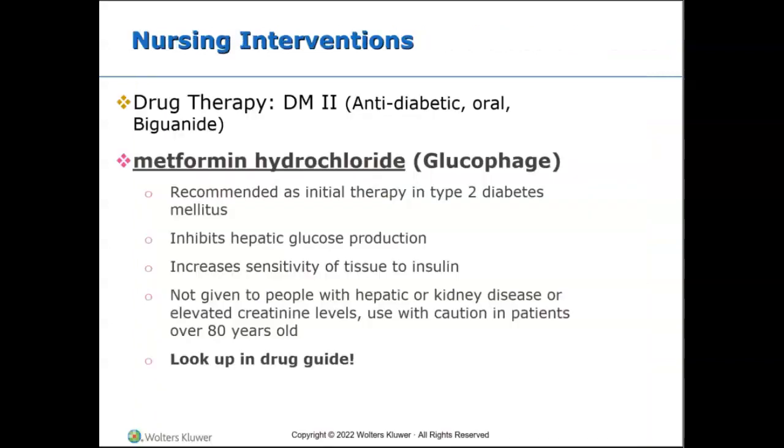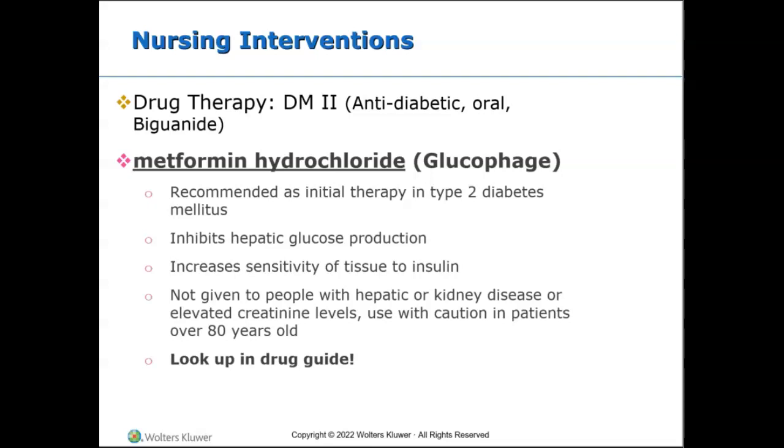Okay, one of the most common interventions for drug therapy will be metformin hydrochloride or Glucophage. This is an oral anti-diabetic medication. This is the first medication they usually try in type 2 diabetes. It is relatively inexpensive, has few side effects, and does not induce weight gain or other complications typically.